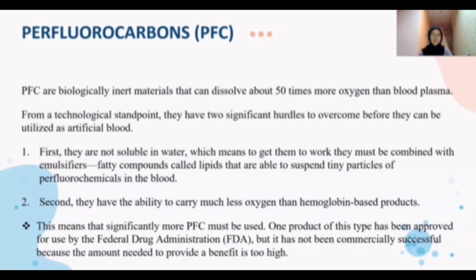This means that significantly more PFC must be used, and one product of this type has been approved for use by the Food and Drug Administration (FDA), but it has not been commercially successful because the amount needed to provide a benefit is too high. Improved PFC emulsions are being developed, but have yet to reach the market.